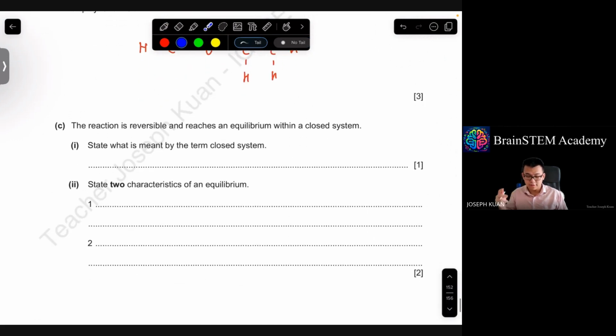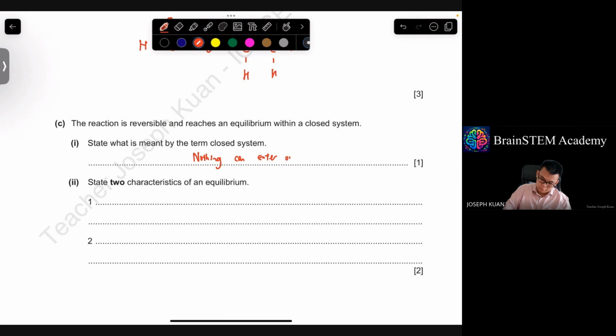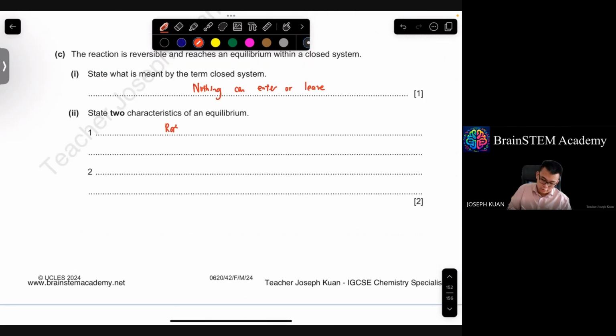Okay, the reaction is reversible and reaches an equilibrium within a closed system. State what is meant by the term closed system. Nothing can leave or enter. State two characteristics of an equilibrium. An equilibrium is achieved when the rate of the forward reaction is equal to the rate of the backward reaction.